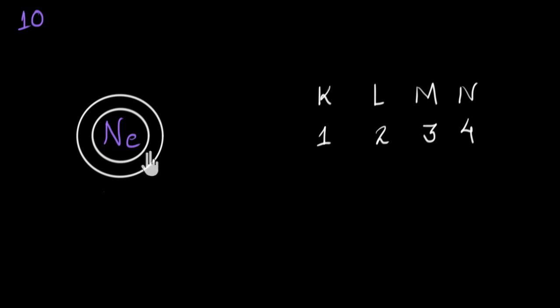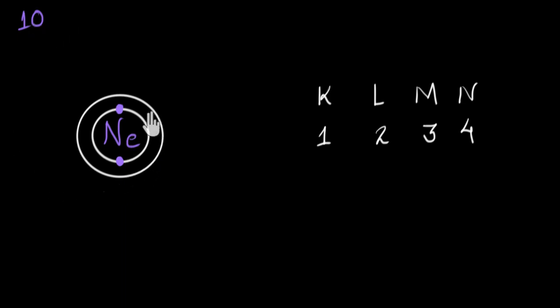The first shell, the one closest to the nucleus, also called the K shell, has a maximum capacity of 2 electrons. That means only 2 electrons can be over here. Okay? So out of the 10 electrons, 2 occupy the K shell, meaning 10 minus 2, we have 8 electrons remaining.